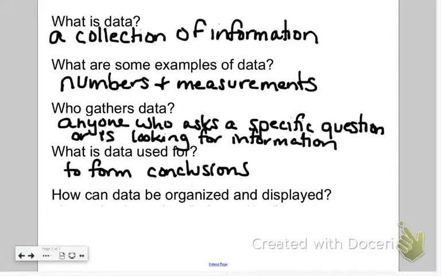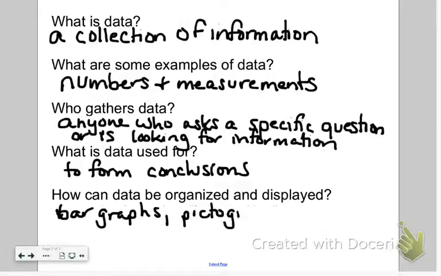And here's the fun part. How can data be organized and displayed? Well, there are so many different ways that you can organize and display data. It kind of depends on the data that you've collected. It also depends on your audience. It depends on what information you're trying to convey. So maybe we might want to use bar graphs, pictographs. I always love pictographs, they're fun.